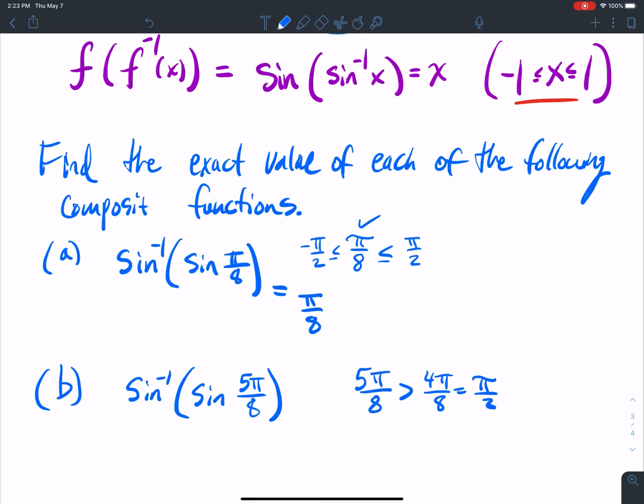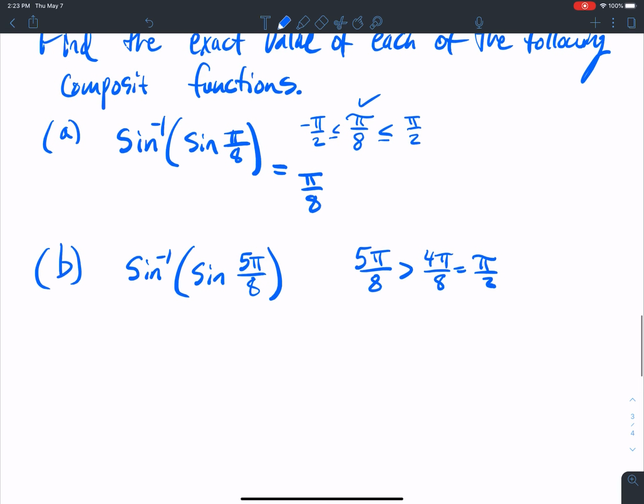So this right here is outside of the interval. So what are we going to do to fix this?